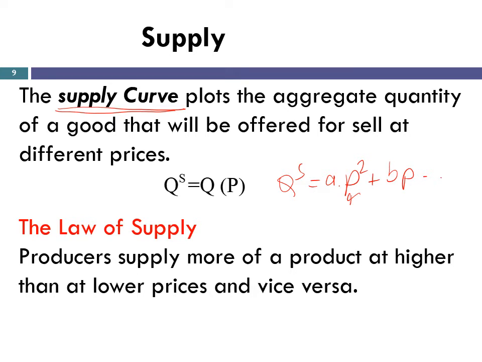The law of supply says that the producers or the suppliers supply more of a product at higher than at lower prices, and vice versa. So if the prices are higher, then producers want to supply more and more. Why? Because they are making more money if the prices are higher.